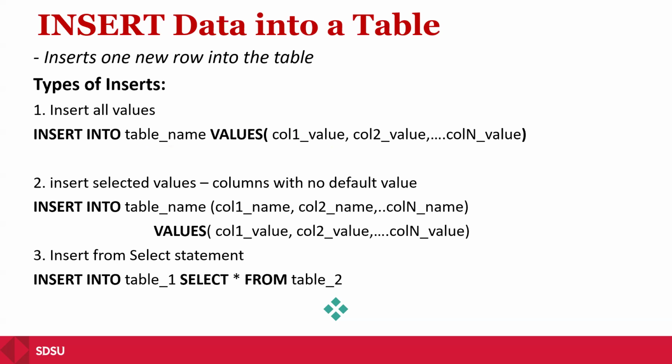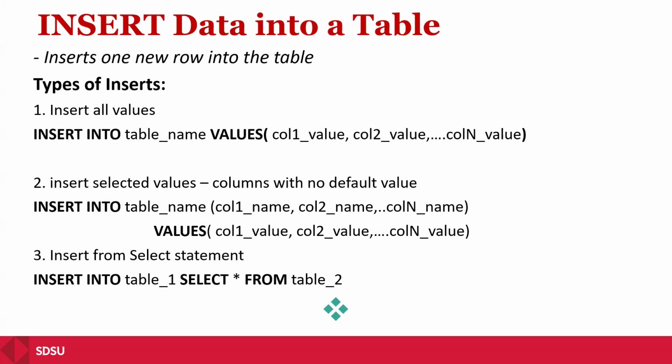We're going to talk about how to add data in the table. We're going to talk about how to update data in the table. But the majority of the time during this class, we're going to spend on learning how to retrieve data from the table. So this is an example of how to add data into the table.